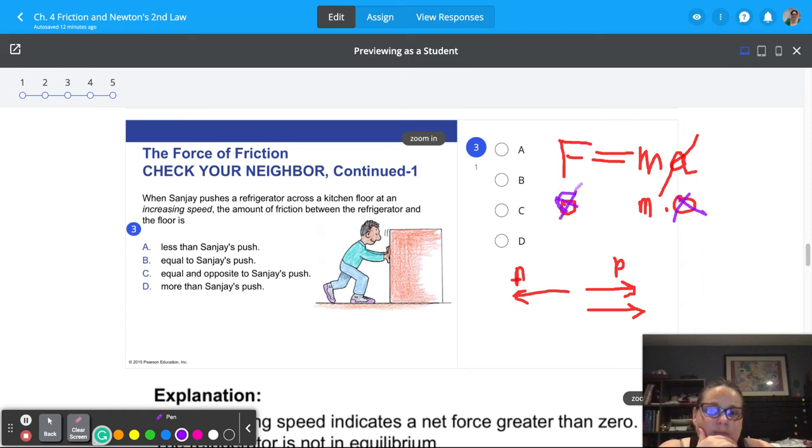This means that if it is increasing to the right, then his push must be larger than the friction. For there to be extra force to increase the speed, there is more push force than there is friction force. So the correct answer would have to be A, less than Sanjay's push.